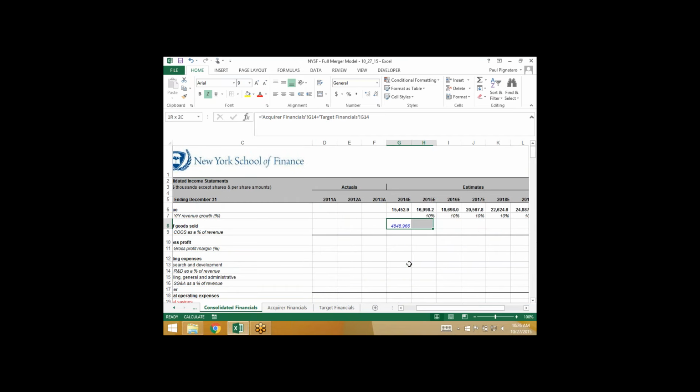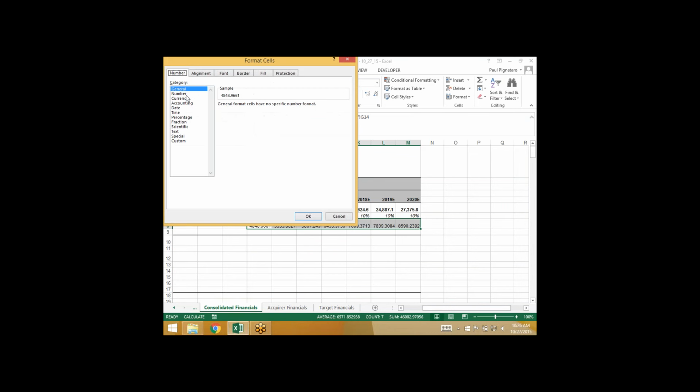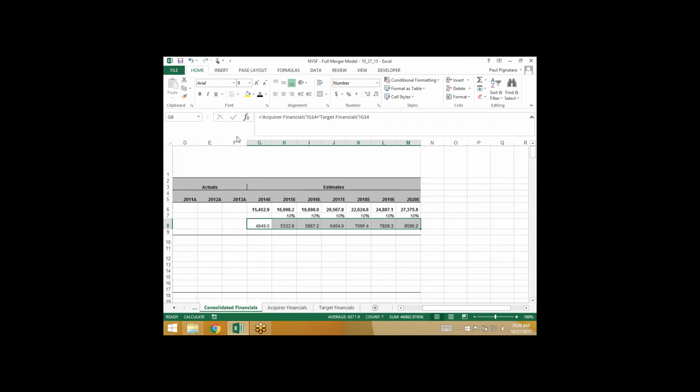I don't know why the formatting is off here, but I've got to fix this: make it black, unitalicized, 1 decimal, with a comma.